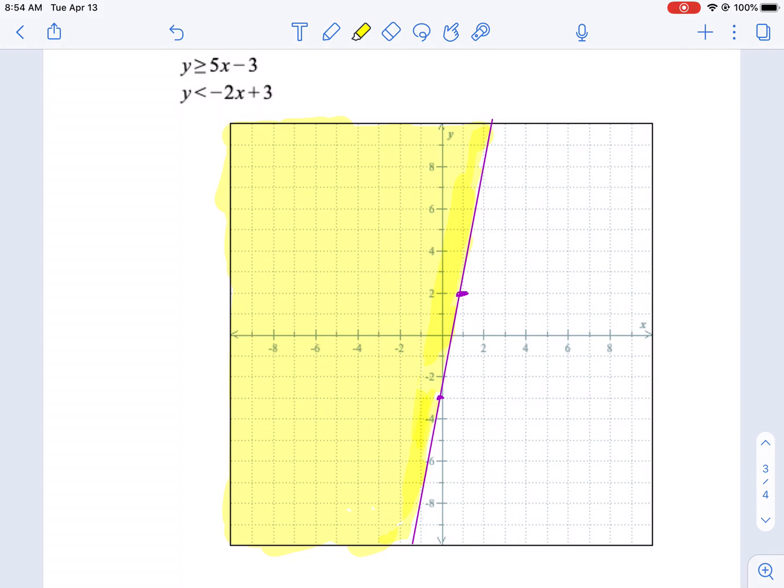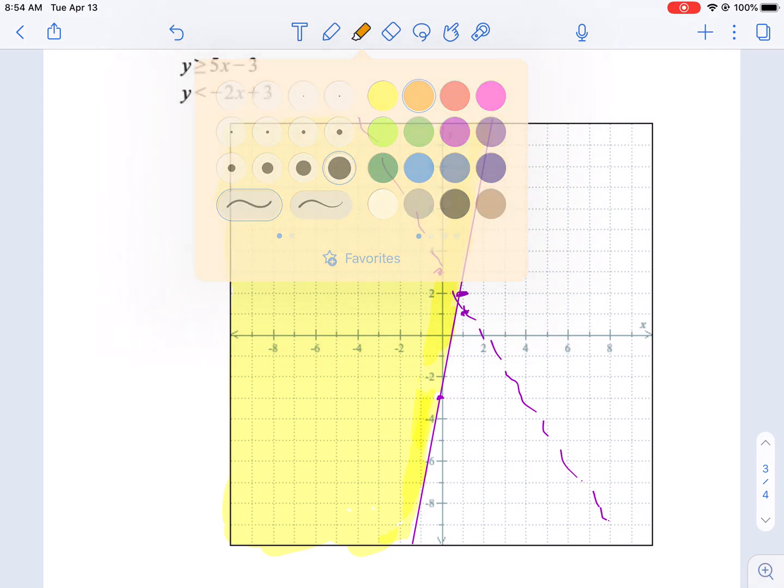Now let's graph the second inequality, negative 2x plus 3. So this time my y-intercept is at positive 3. I'm going to go down 2 and over 1. This time it's a dashed line. And I'm going to shade below that line, in the area I've already shaded.